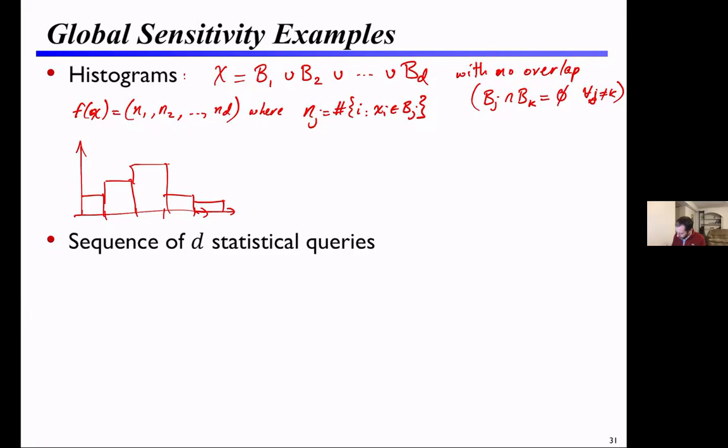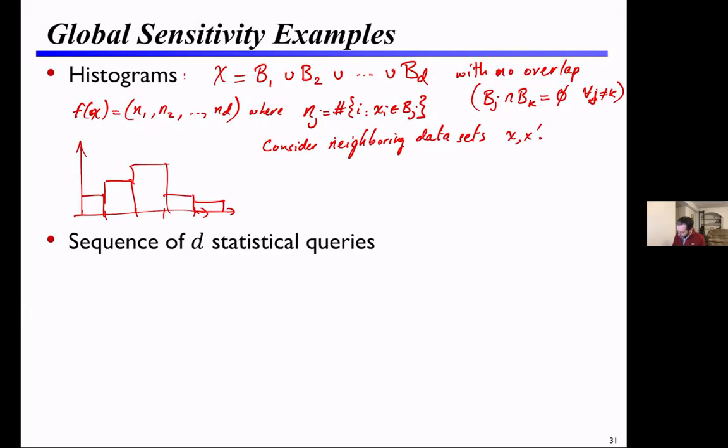What we want to release is this whole histogram, and now we want to ask, what's the global sensitivity of this function? Well, consider neighboring data sets, X and X prime, that differ in one record.